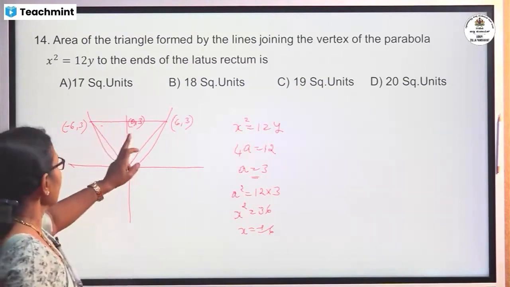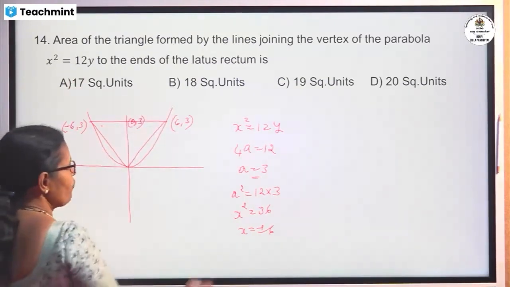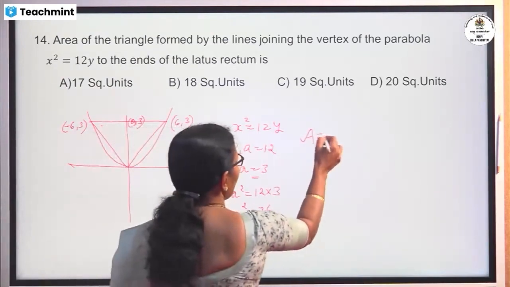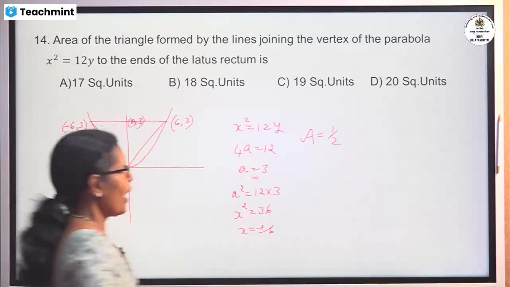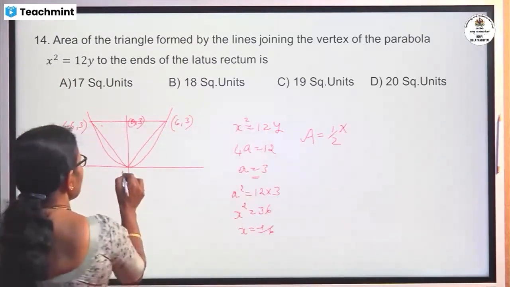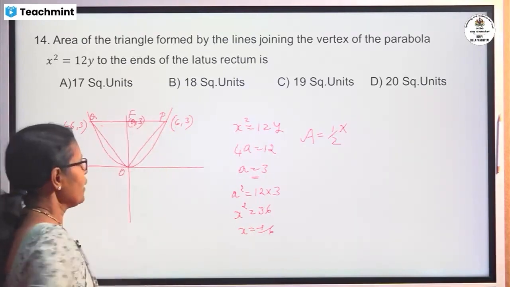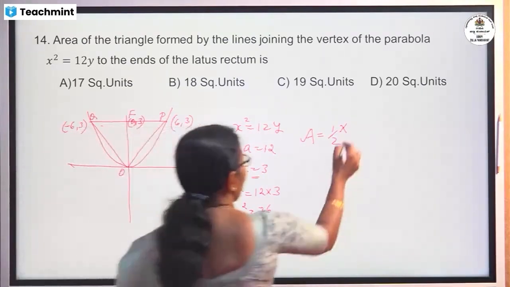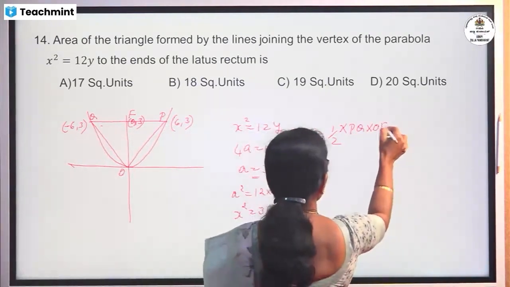So we require the area of the triangle. We know the formula, area of the triangle is half into base into height. If this is O, then P, Q, and this is F, then base is PQ and height is OF.